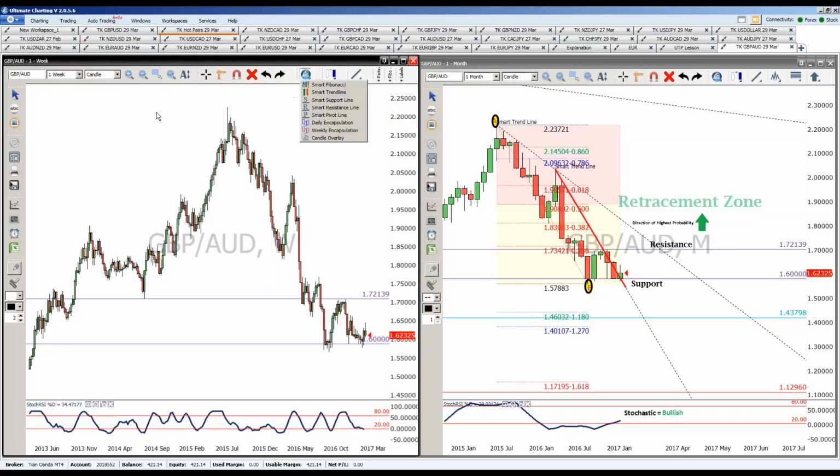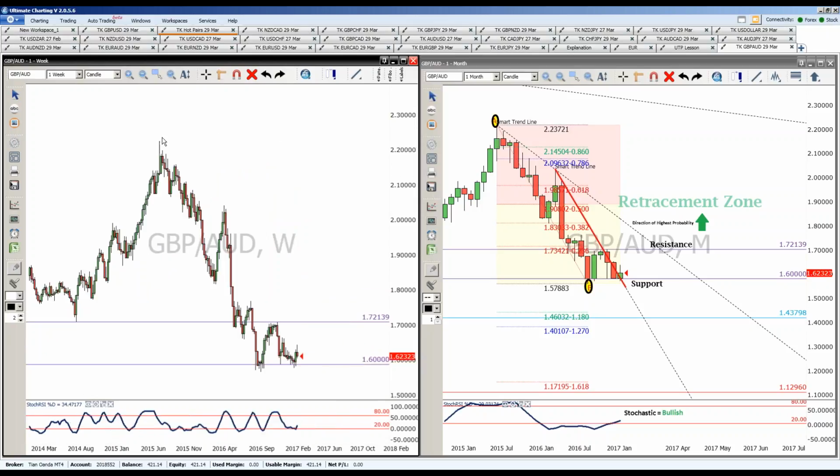Might as well just draw it again. This is the C of the monthly. We know that is the C of the monthly, so that's going to be the spot where I start my trend lines again. Outer trend line, inner trend line.